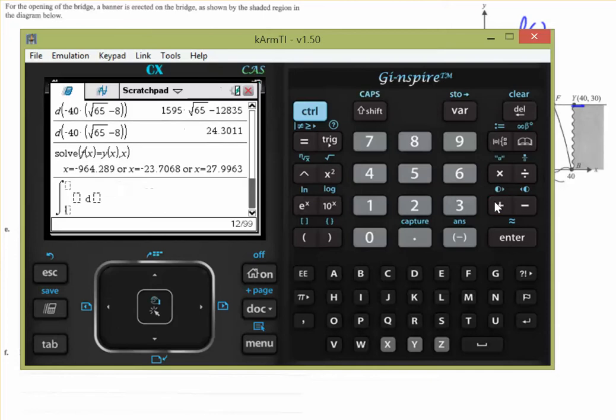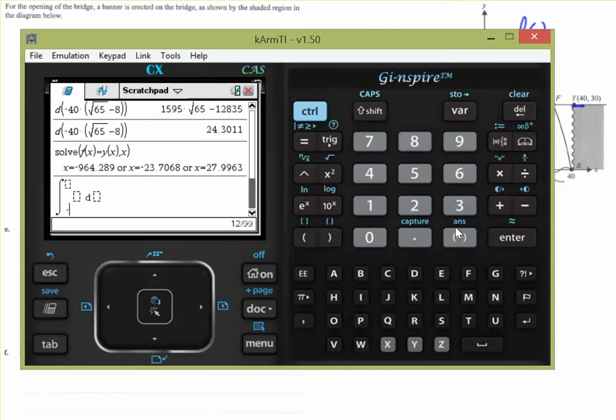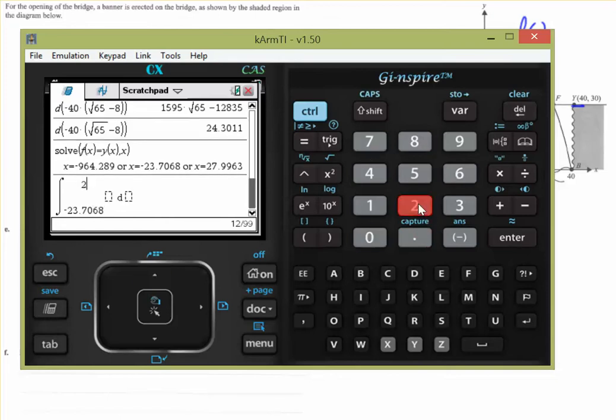So we're going to press Shift plus. We're going from negative 23.7068 up to 27.9963. That'll be enough places. It's to the nearest square meter.